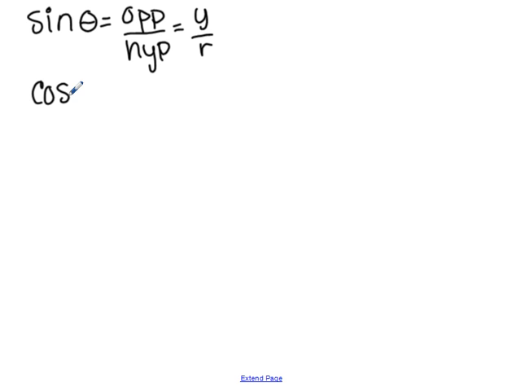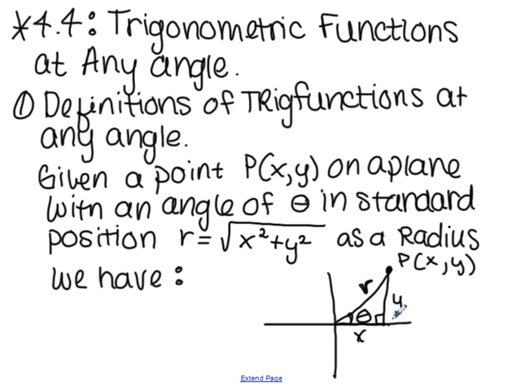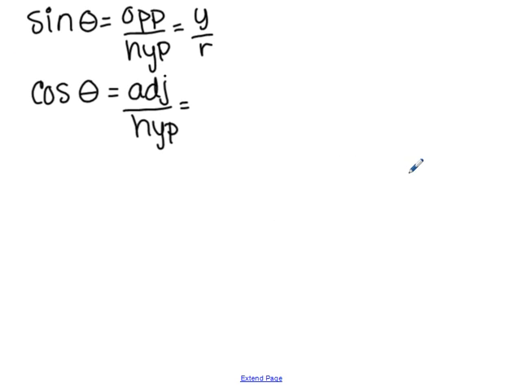Cosine. Cosine is adjacent over hypotenuse. Therefore, using our picture again, adjacent is x, the hypotenuse is r, so our ratio for the cosine would be x over r.